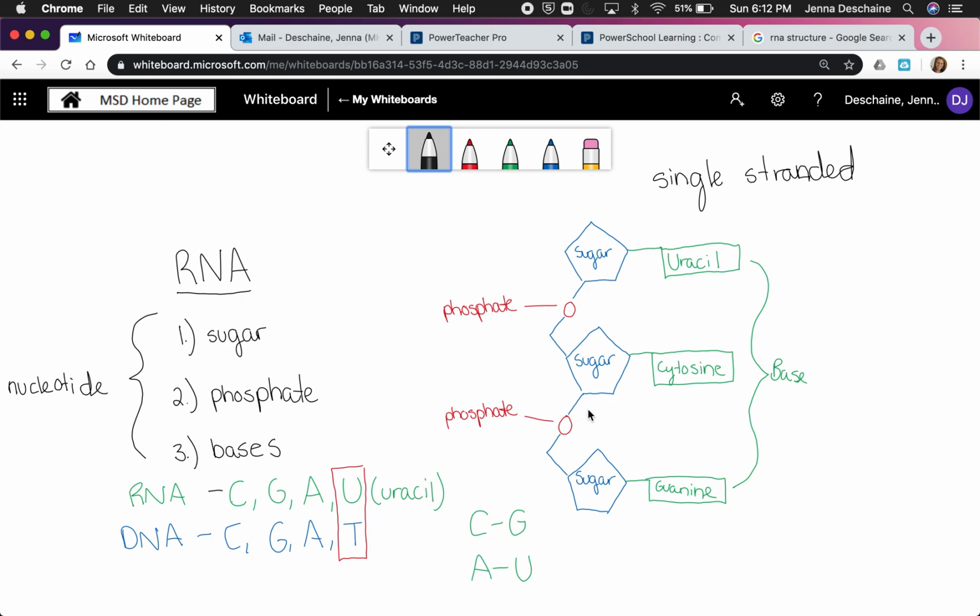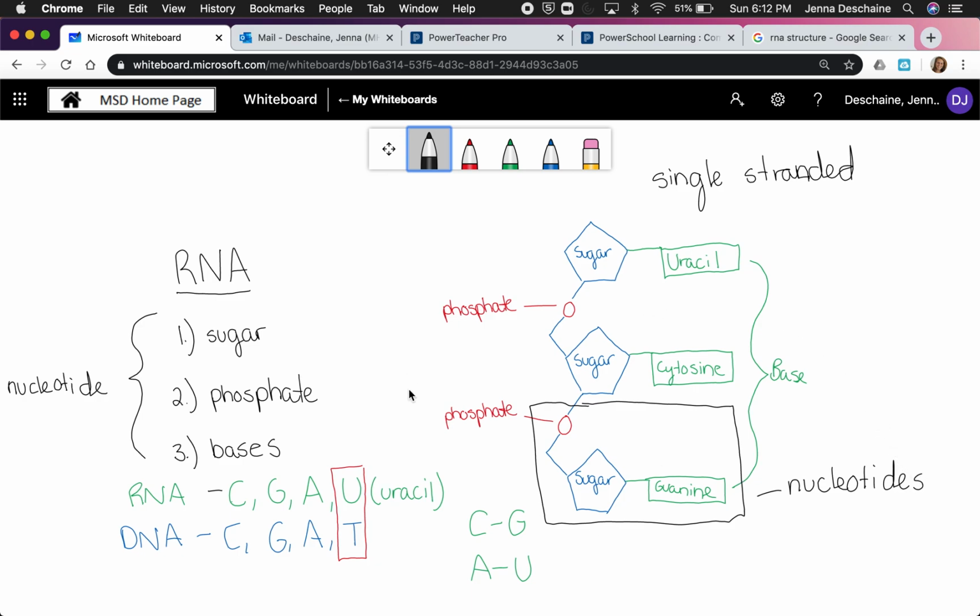That is the basic nucleotide structure, and it's all of the nucleotides bonded together that forms the structure of RNA. I wanted to talk about RNA a little bit today because it's going to be very important for DNA replication, as you'll find out very soon.